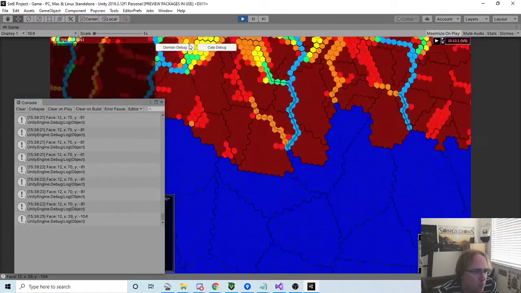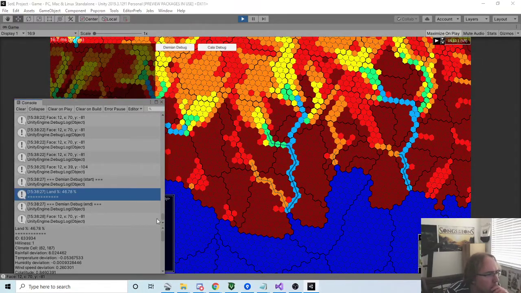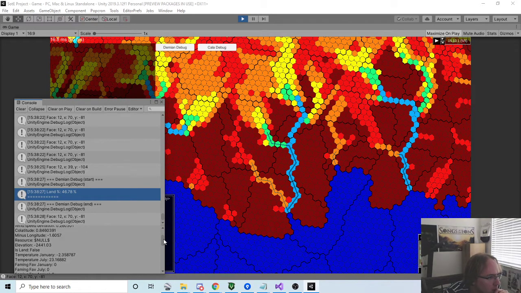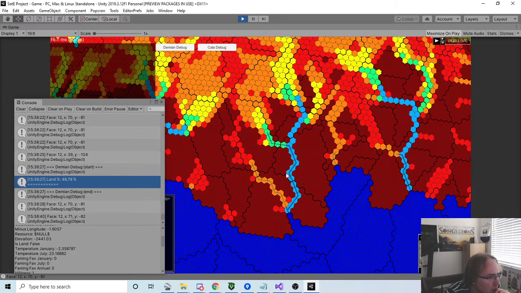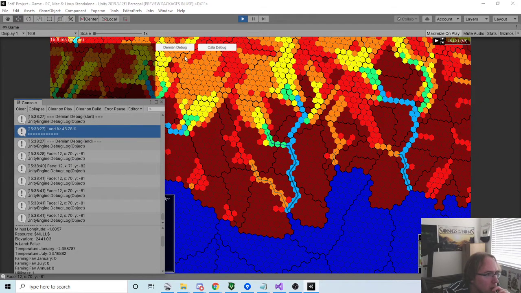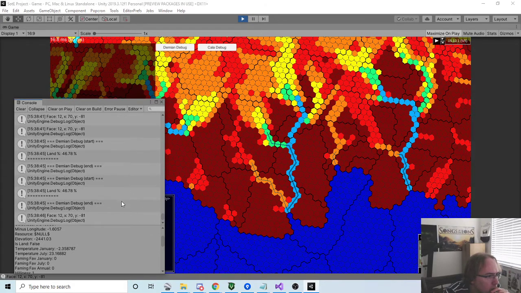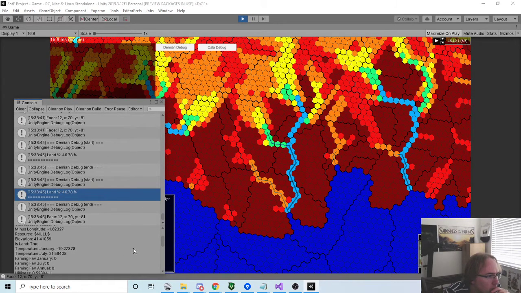Okay. Temperature deviation, wind speed, quality. Your elevation is not negative all those numbers, so that's not right. Elevation 41, that sounds right.